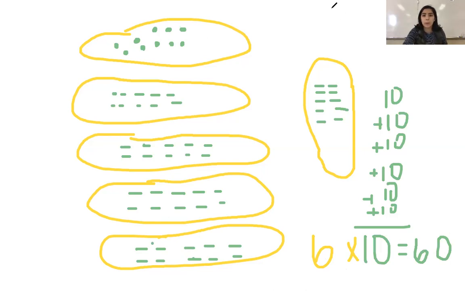So let's try that again. So I'm going to write these down, and I want you to see what the different patterns are, okay? So if I put 10 times 0, 10 times 1, that X means times.